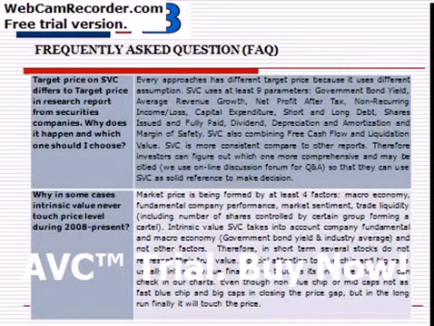So we can only tell you that SVC uses at least 9 parameters. In the 9 parameters: government bond yield, average revenue growth, net profit after tax, non-recurring income and losses, capital expenditure, short-term and long-term share issue, dividend, depreciation, margin of safety. So it's more than 9 actually.